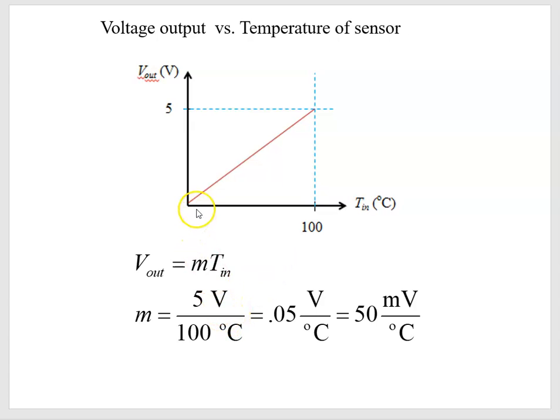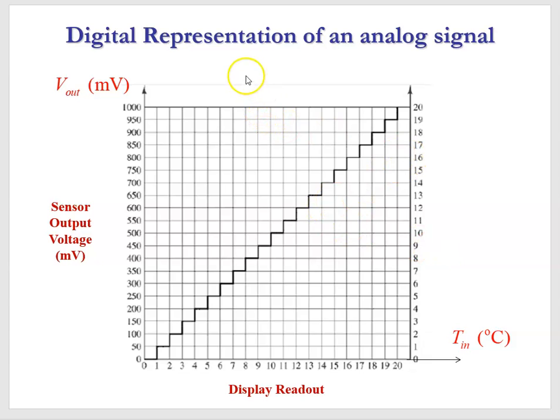That's the maximum there. And it does have a zero crossing, 0, 0, so our B is 0. So we can say that our output voltage is just 50 millivolts, or 0.05, times the temperature, and we get our linear function.